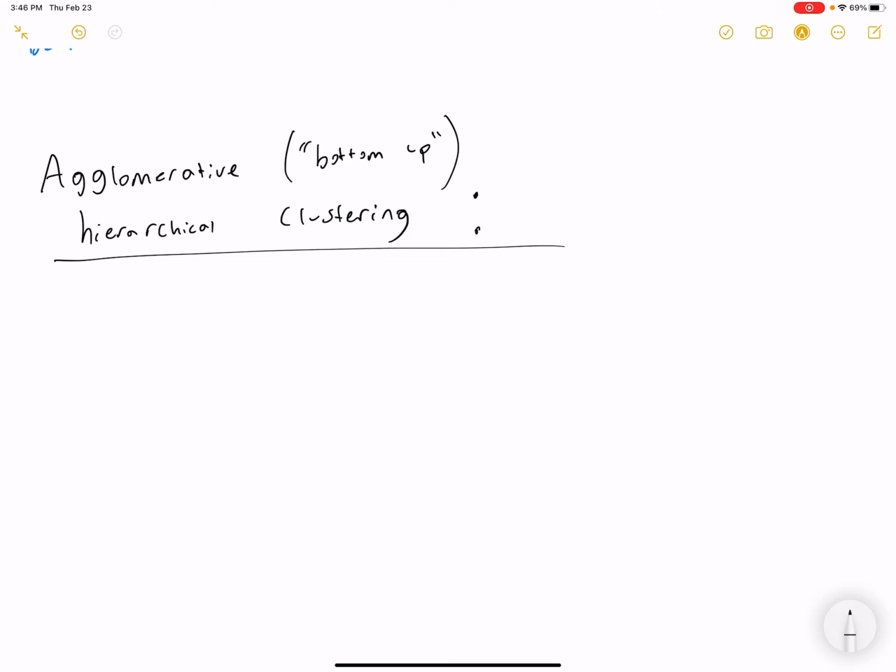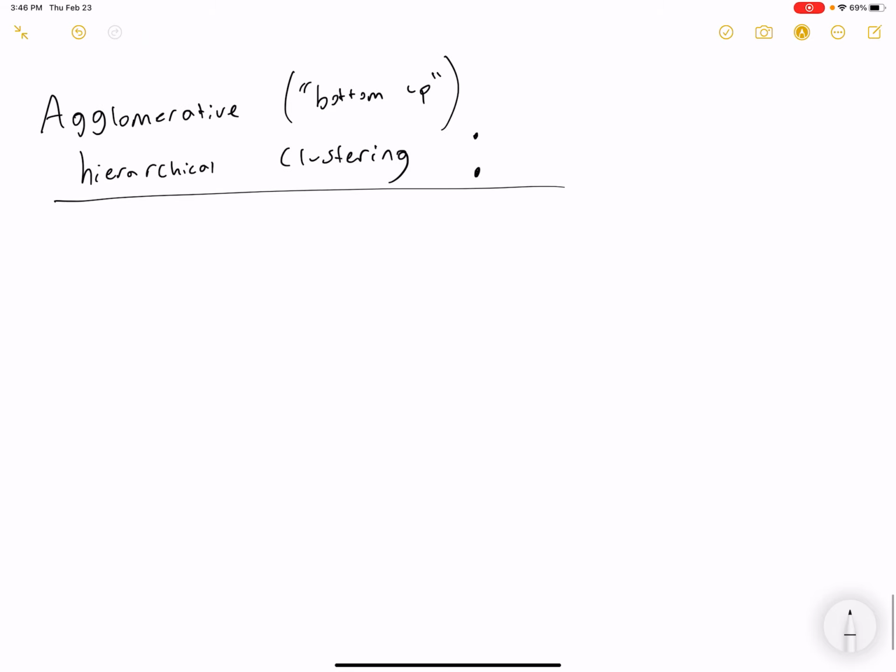Okay, so agglomerative hierarchical clustering. We'll do the thing again where I give the algorithm and do a visual example at each step. So the first step is that each data point is its own cluster.